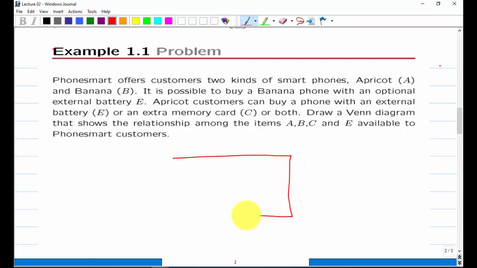So we can clearly see from the first statement that if this is the Phone Smart shop, so they are offering only two kinds of sets.